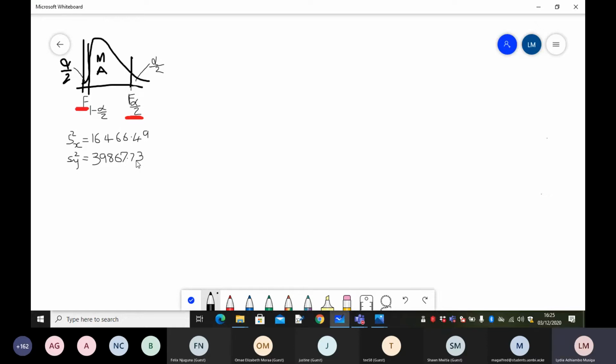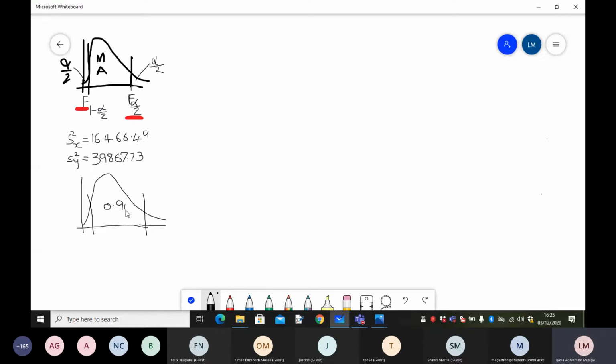So we have our sample variances, and now according to the formula, we need to get the F values. So I will just draw another diagram again. We know that our confidence interval level should be 90%. So the middle area is 0.90.